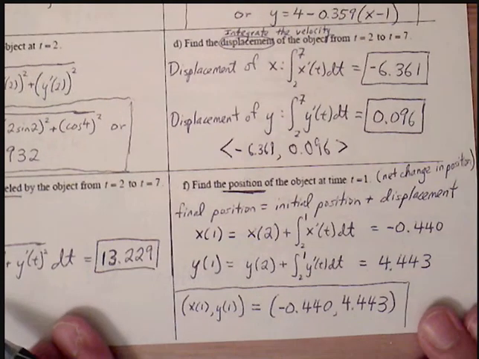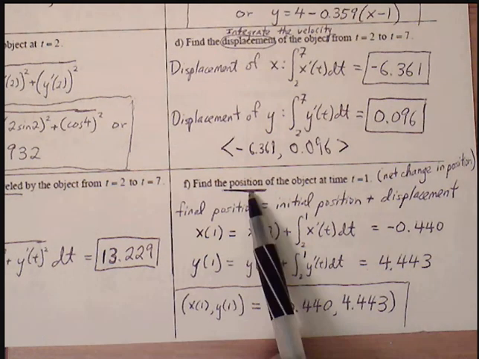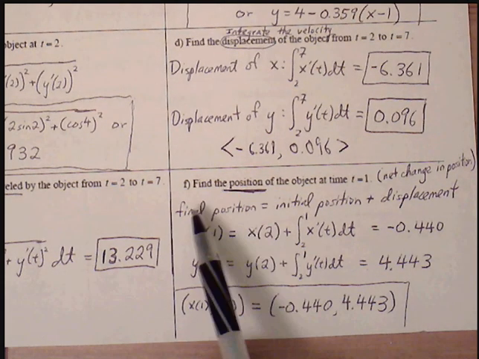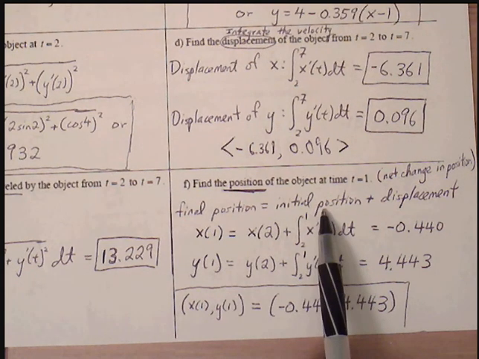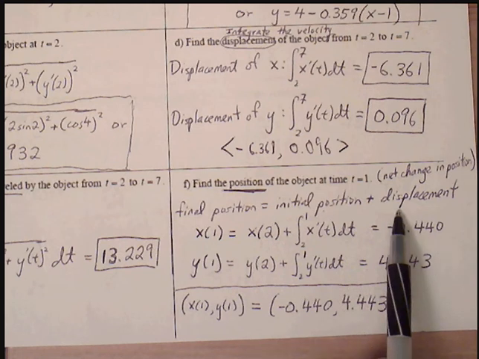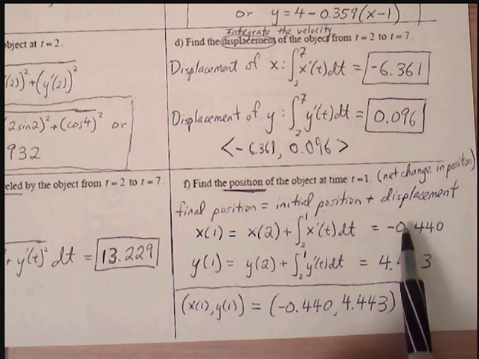Next part, find the position of the object at time t equal to 1. To find the final position, we need to know where our starting point is, our initial position, plus the displacement. Remember, displacement is the net change in position.